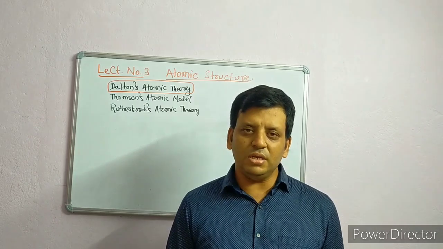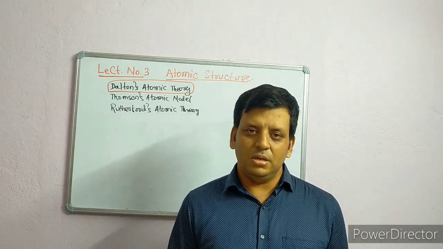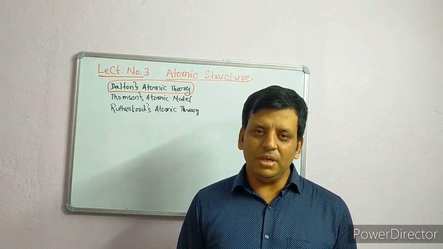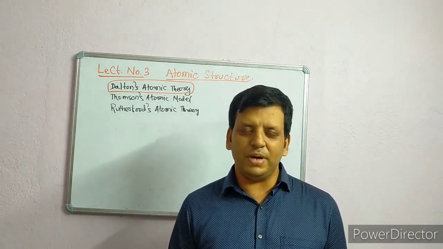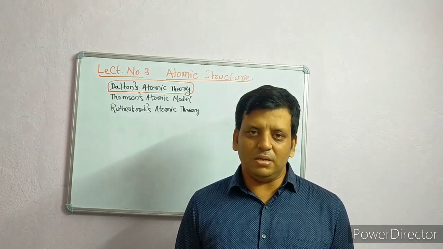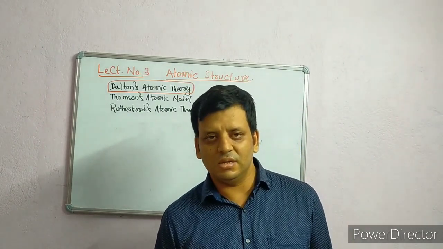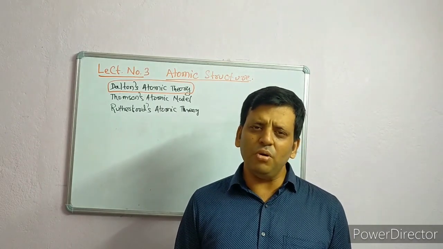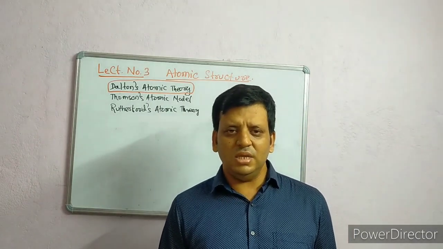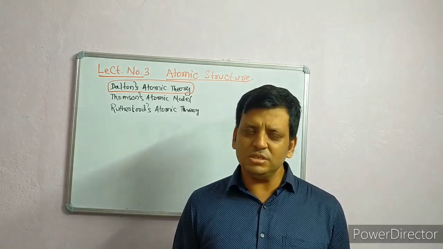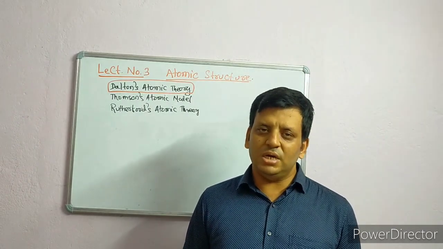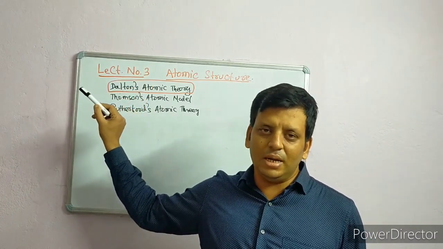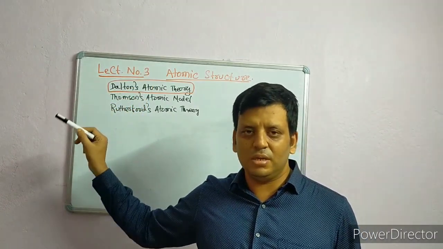The atomic theory deals with the structure of atom. It is nothing but atomic structure, in which atom is described as the smallest particle of any matter that exists on this earth. The modern atomic theory is more or less based on three ancient atomic theories or models, which are Dalton's atomic theory, Thomson's atomic model, and Rutherford's atomic theory.